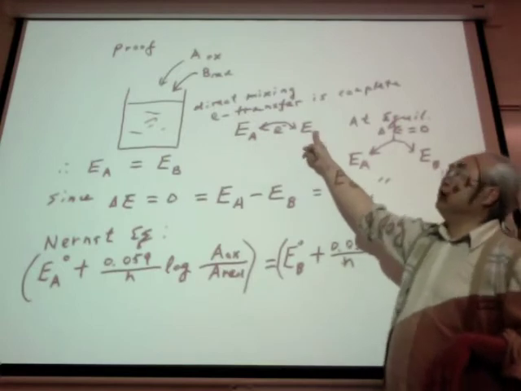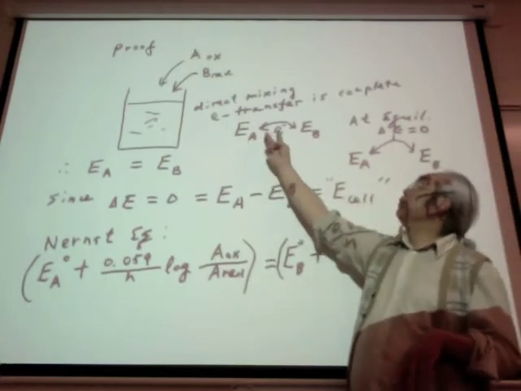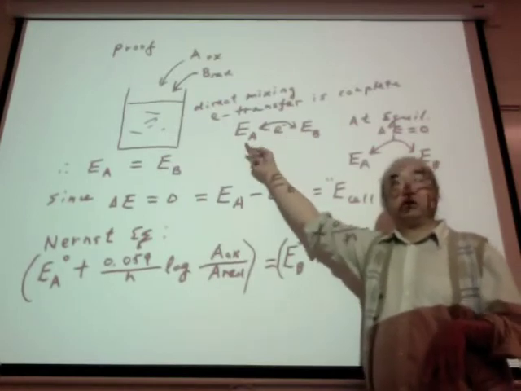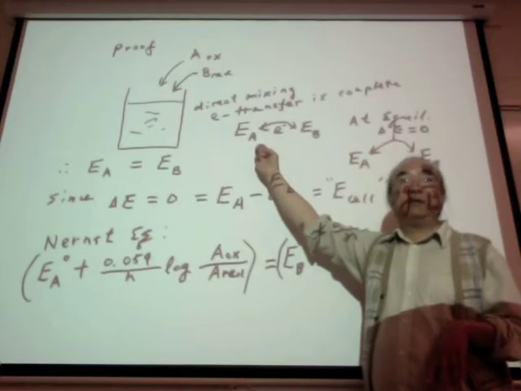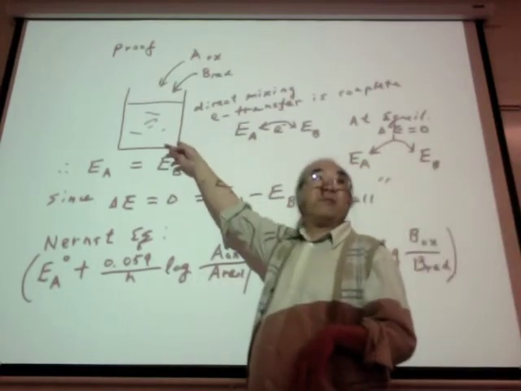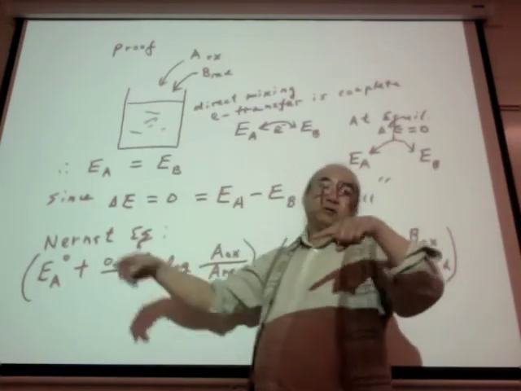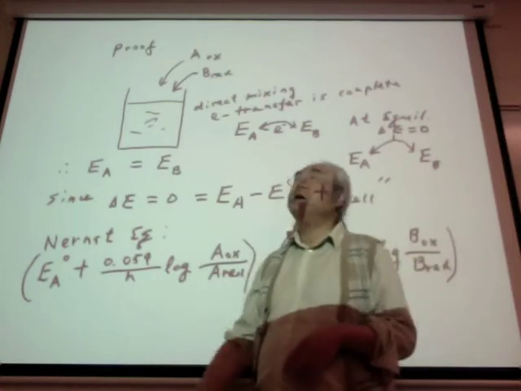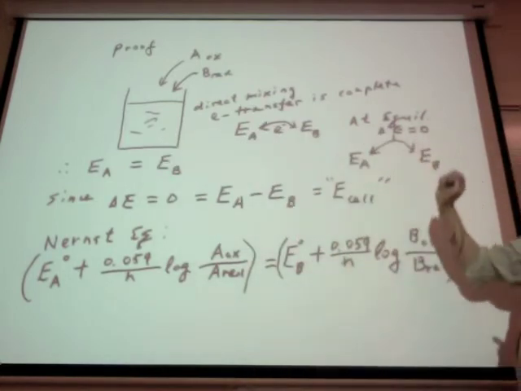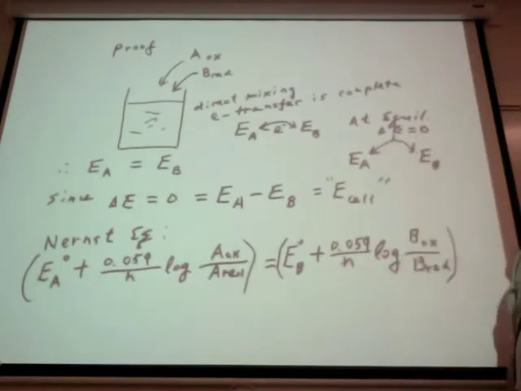Because the potentials on both sides are balanced, there's no electron transfer, so you get a dead battery. For direct mixing, it's always a dead battery. It better be, otherwise you stick your finger in and get an electrical shock. So keep this in mind: at equilibrium, the delta E between the two is equal to 0.